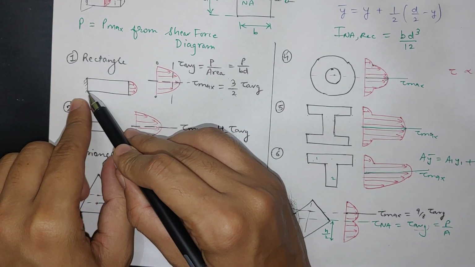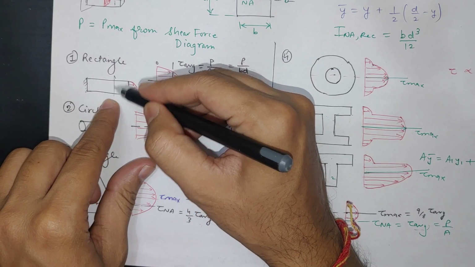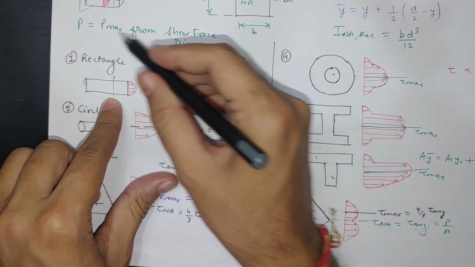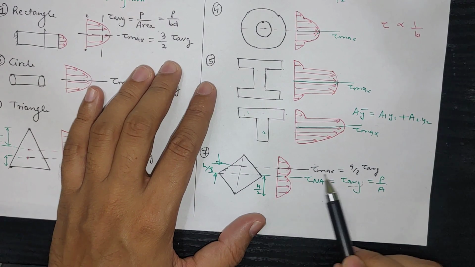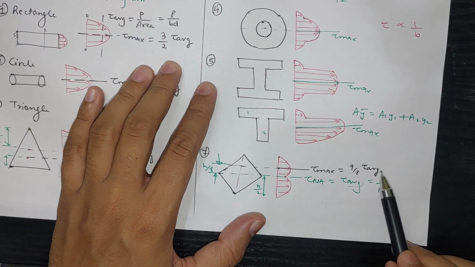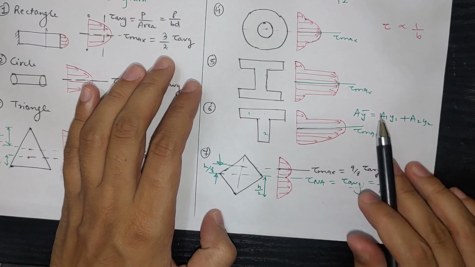If we look from the side view at any particular cross section, at that point we have to calculate this shear force from the shear force diagram. And tau maximum will be 9 by 8 times tau average, which will be at a distance of h by 8 from the center line.